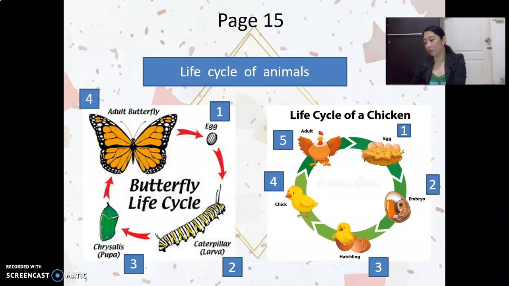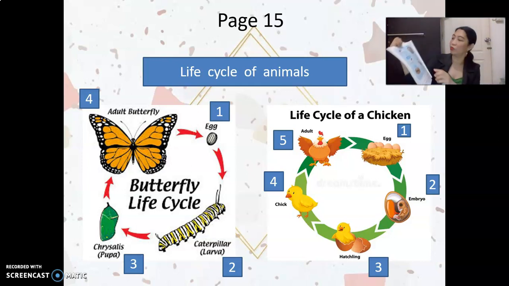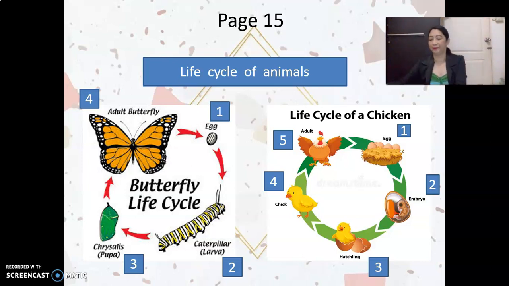And also, page number 25 for the textbook. Number 1 is eggs. Number 2, tadpole. Number 3 is tadpole with hind legs. Number 4, froglets. And number 5, adult frog. Page 25.